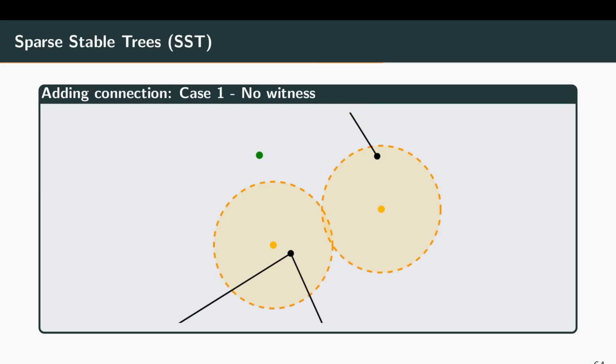But our property is still fulfilled here, right? So we have this witness here has exactly one in the tree, this witness here has another one in the tree. And then the one we want to expand was maybe this node, kind of in this direction. And in this case, there's no witness for this point because it's not inside one of these yellow circles. And so all we do is we just add the connection and we make that new state also a new witness.